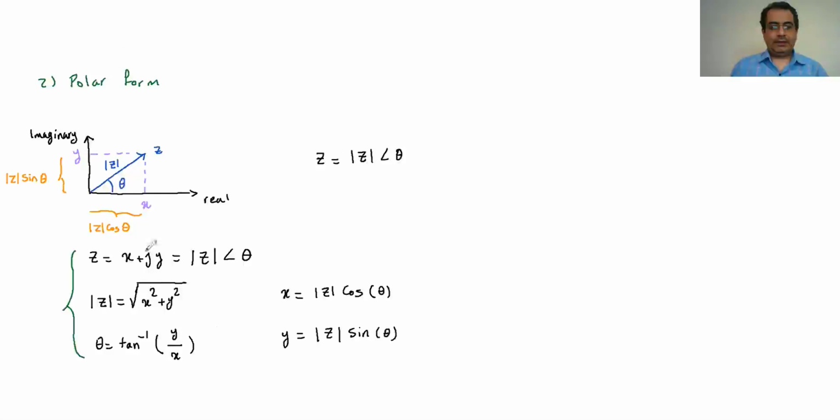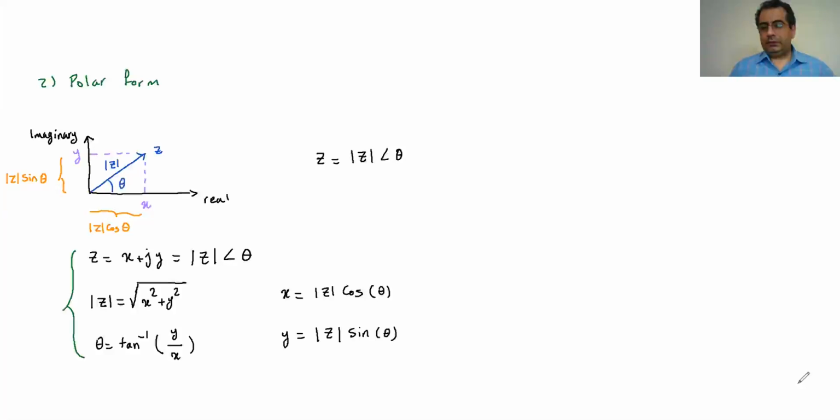If we have the rectangular and want to convert it to polar, we just use these two equations. If we have the polar and we want to convert it to rectangular, we use these two equations to find the x and y, and simply we can convert from one to another, or vice versa.